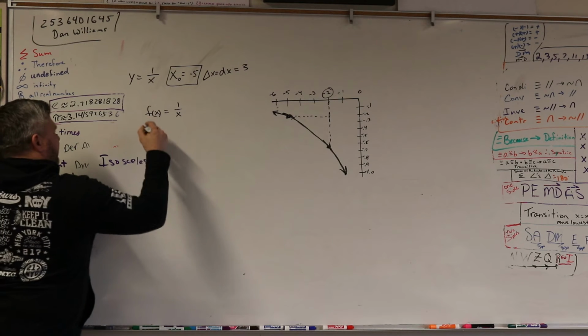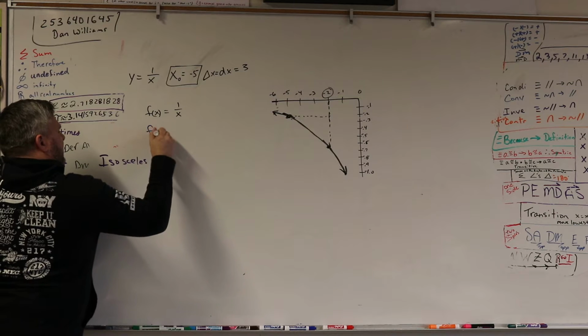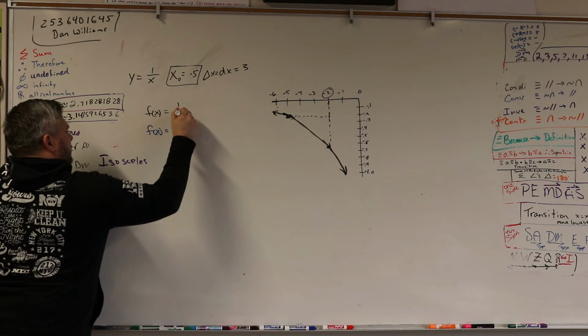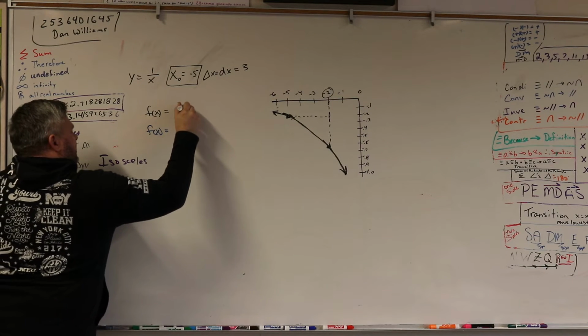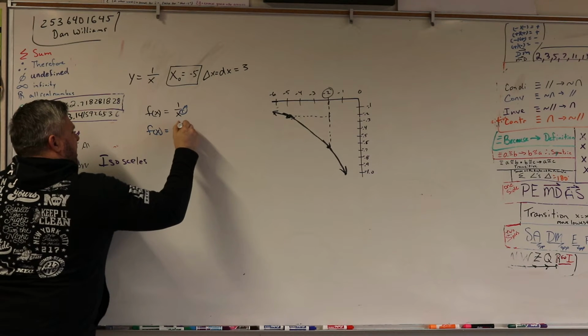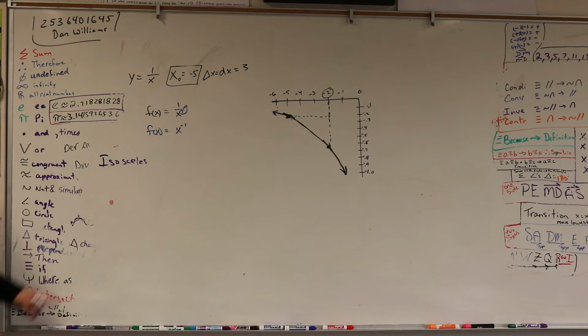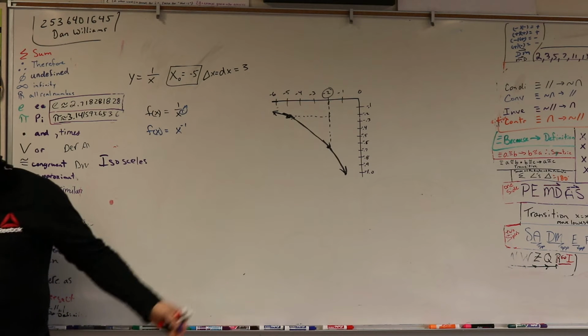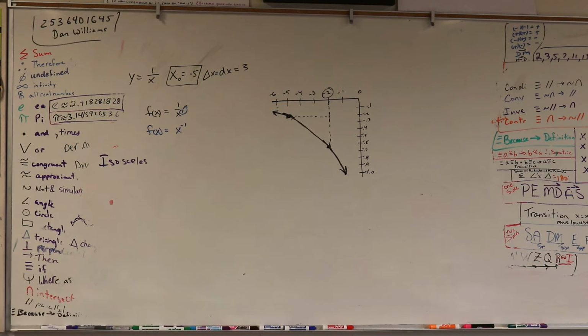So we can do the derivative nice and neat. So we got f of x is equal to, remember there's a 1 here, so we're going to take this and bring it up, which means I'm going to have x to the -1. The 1 goes away because 1 times anything is itself.